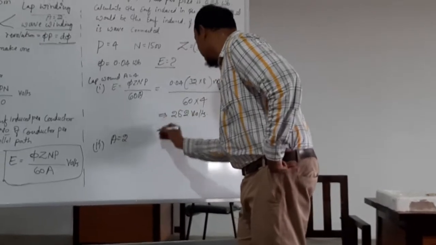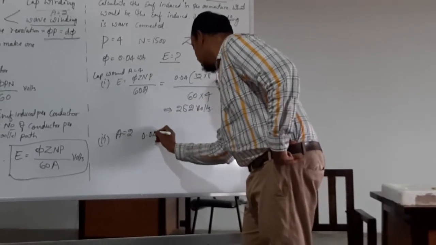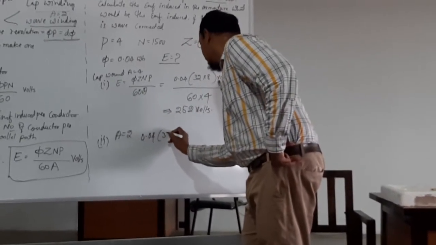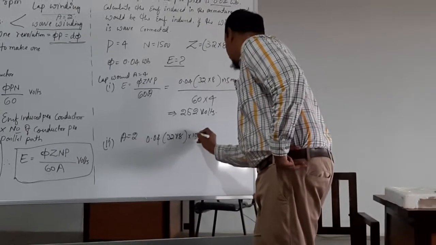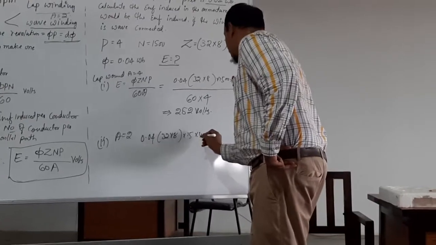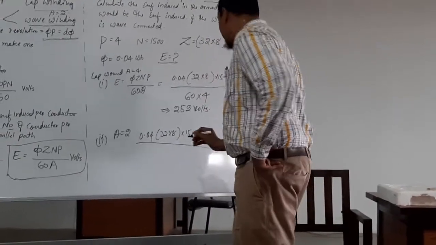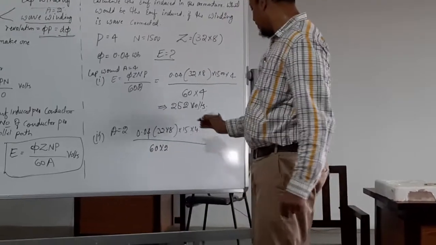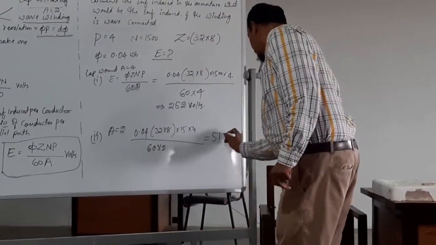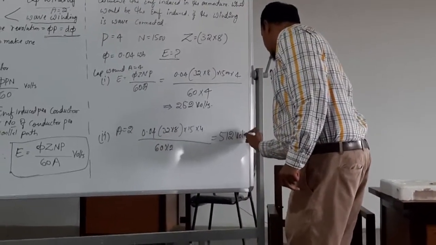Then we get the answer: 0.04 into 32 into 8 into 1500 into 4 divided by 60 into 2. When we calculate this, it is around 512 volts.